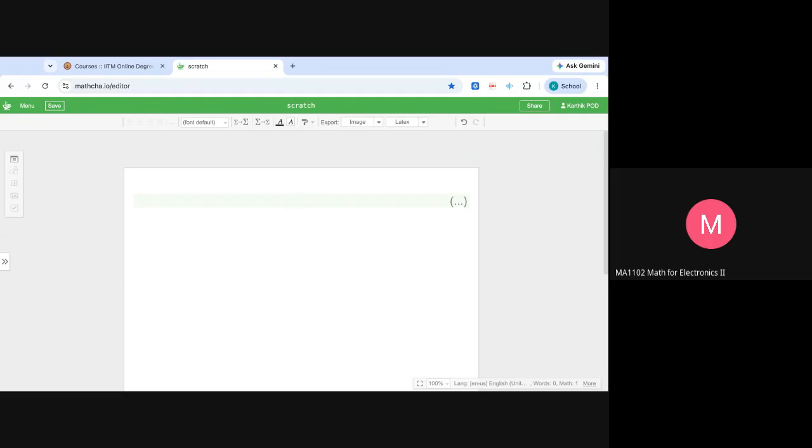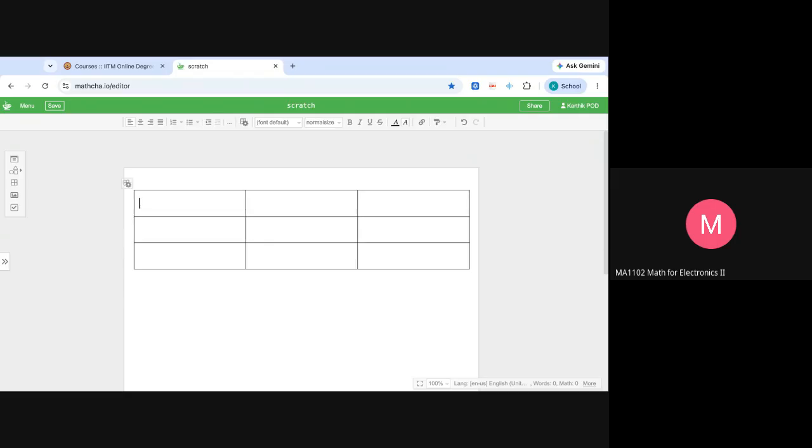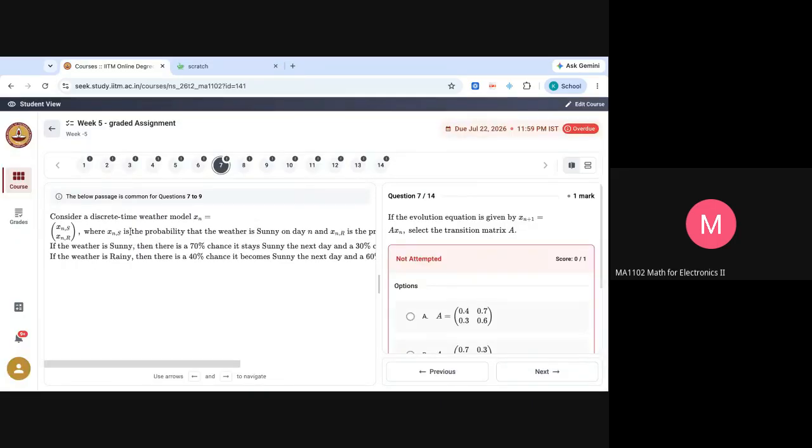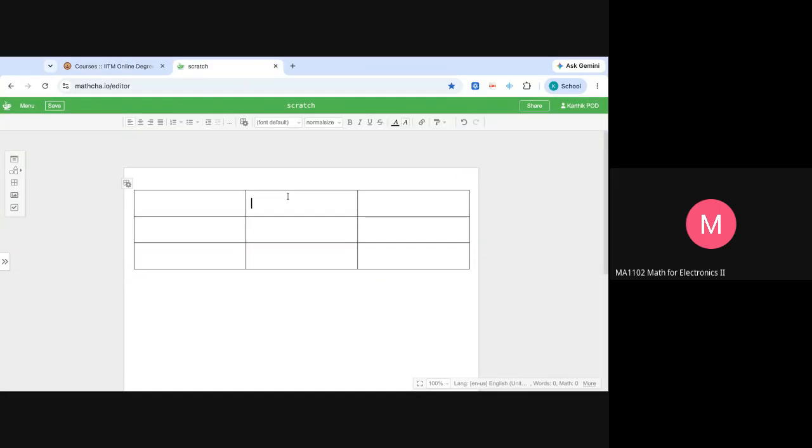So this is a 2x2 table, right? The weather is sunny, the weather is rainy. That is the current weather, I believe.